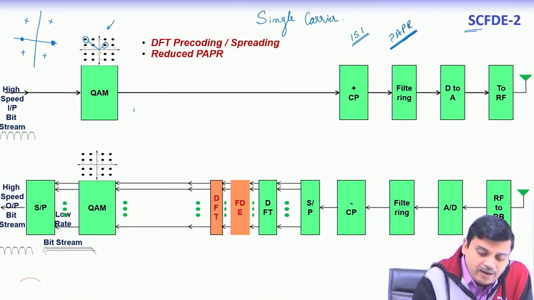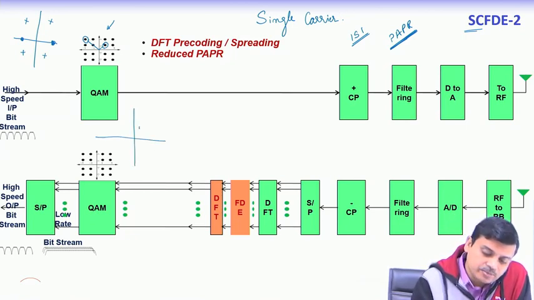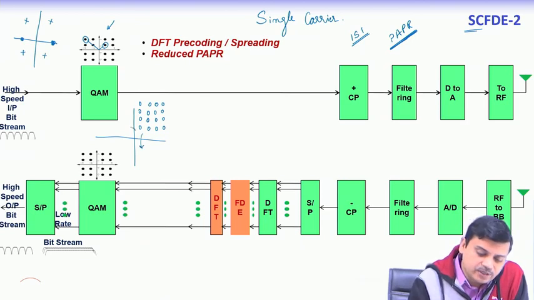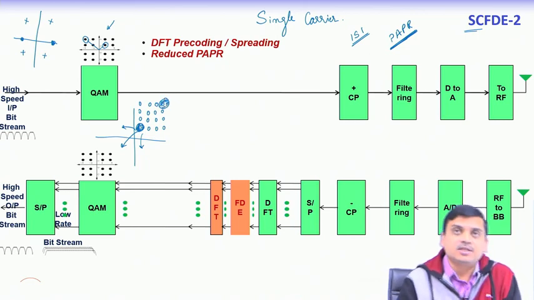Now, if we go for higher order constellations, so that means if we go for 64 QAM, so this is 16 in any one quadrant, you would repeat the same over here and on all the quadrants. So, if we compare the power of this constellation point to the power of this constellation point, it is obviously higher.